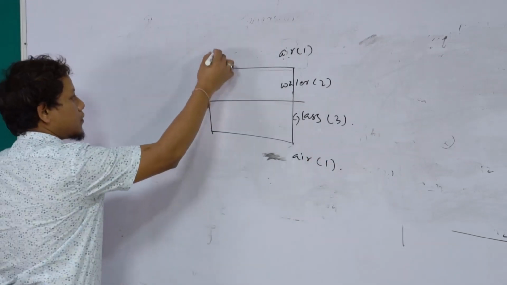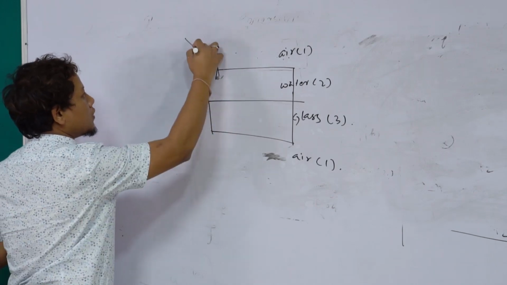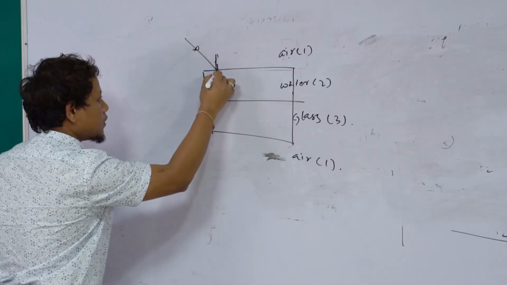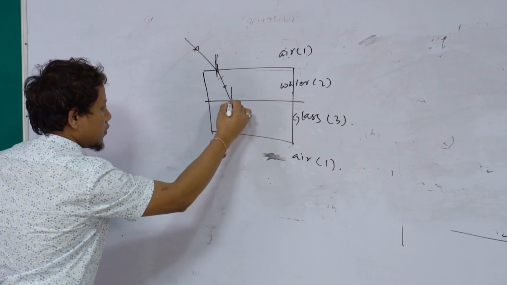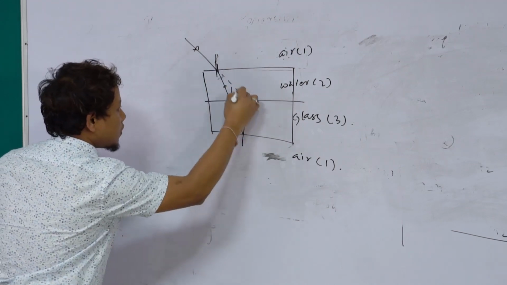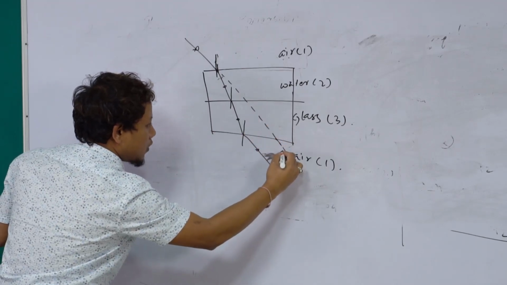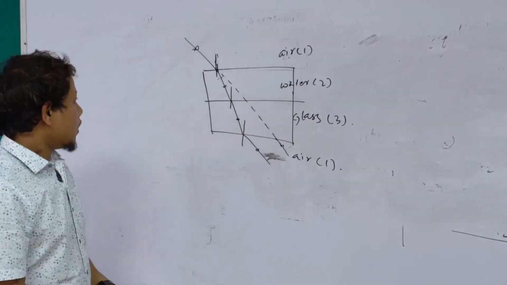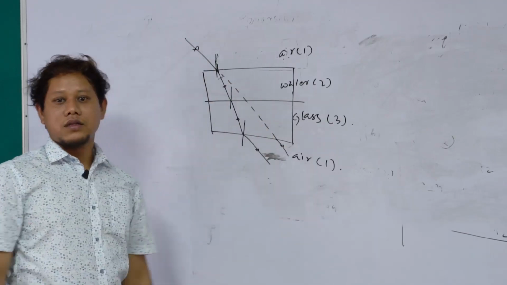This is the normal to the interface, and this is the incident ray. Once it is incident on this interface, it will suffer refraction. Here again it will suffer refraction, and it emerges out in this way. Whenever you draw the ray diagram, make sure the emergent ray is parallel to the direction of the incident ray.